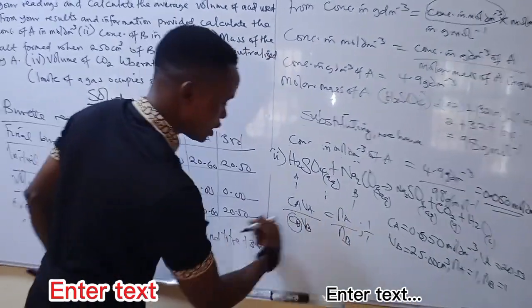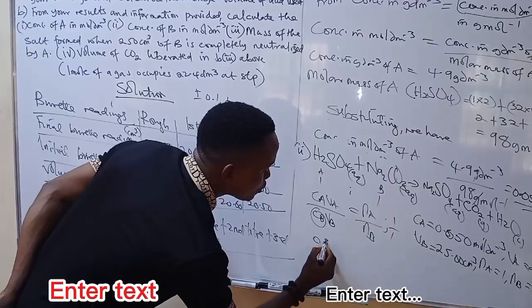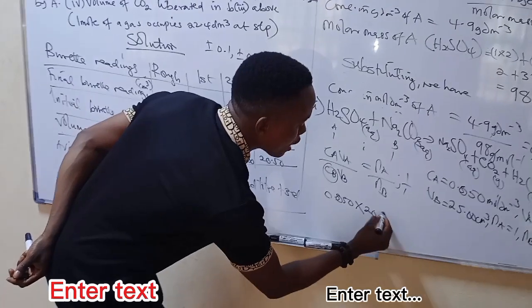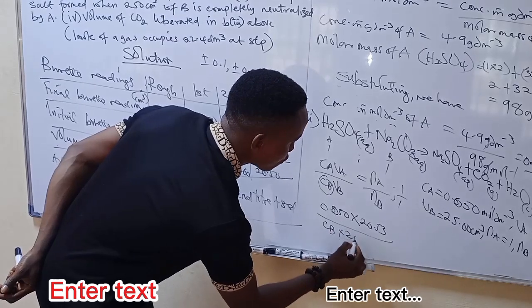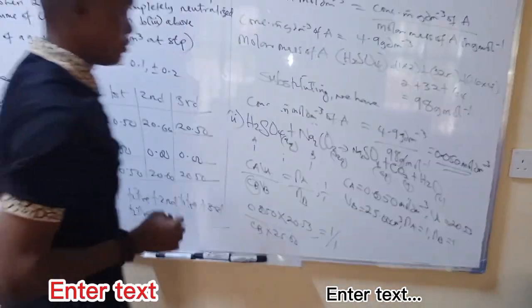So we can substitute this into this equation. If we do that, we have 0.050 times VA, which is 20.53, all over CB times 25.00 equals 1 over 1.